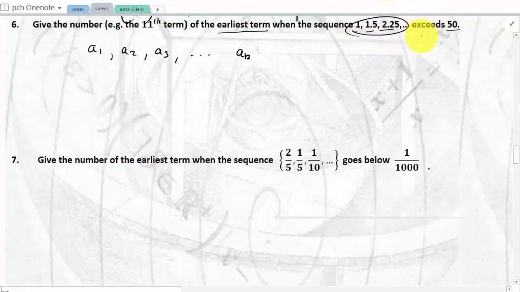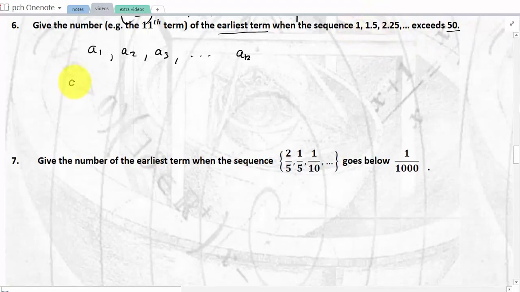So what kind of sequence is this? Well, this is a geometric sequence. The first term is 1, and the ratio is, what do you do to go from 1 to 1.5? You multiply by 1.5, or 3/2. And then here, again, you multiply by 3/2. That's 9/4, right? So r equals 3/2.